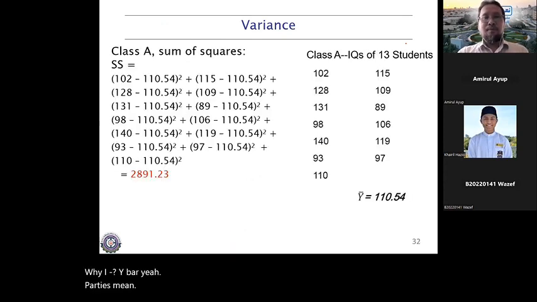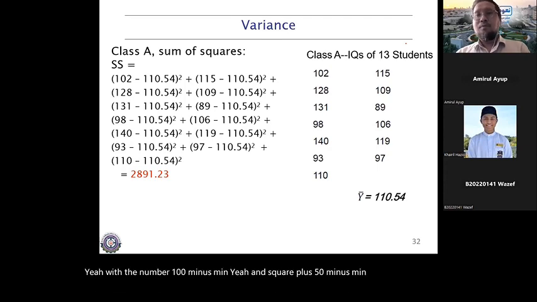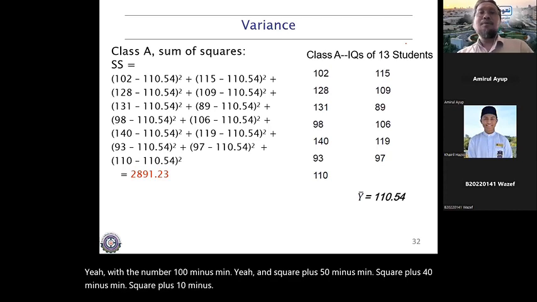So you have to perform the sum of squares: 100 minus the mean, squared, plus 50 minus the mean, squared, plus 40 minus the mean, squared, plus 10 minus the mean, squared.